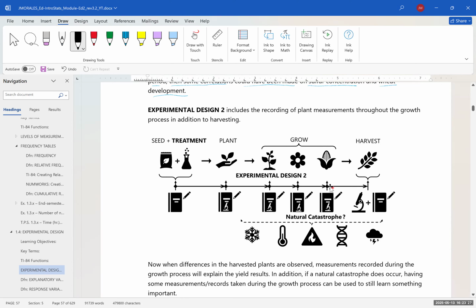You record information about the budding and the growing of the fruit, the vegetable, or the seed that you're going to harvest. And then you harvest at the very end, and you make those measurements at the end as well. So had there been some kind of natural catastrophe that happened here at this part of the process, at least you would have information on the early parts. Okay, you would have collected this early part information.